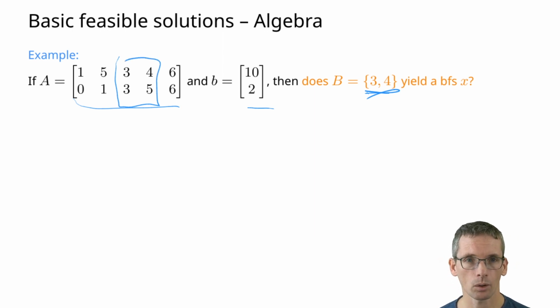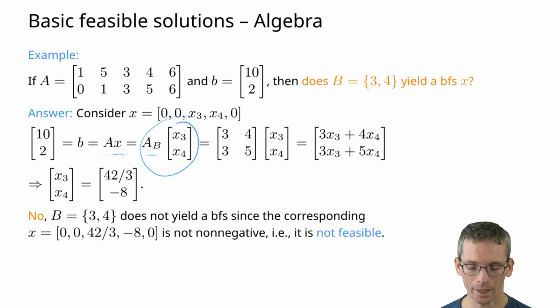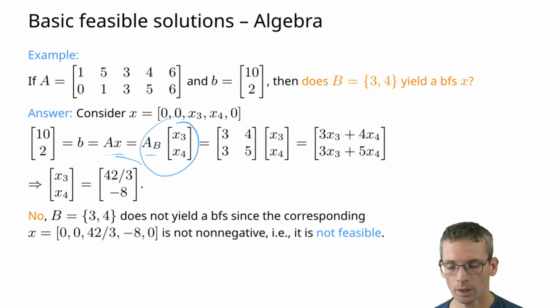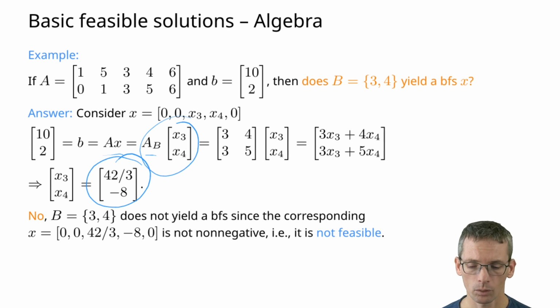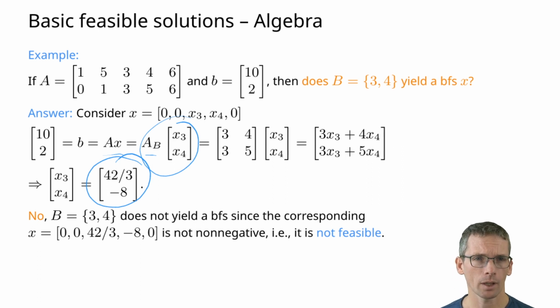But now if you solve this system, so if you want to solve (10, 2), which is b, equals Ax, and you write this using just x3 and x4, you get a unique solution, and you see that x4 is negative. So while the system of linear equations can be solved, you do not get a feasible solution because everything has to be non-negative to be feasible.